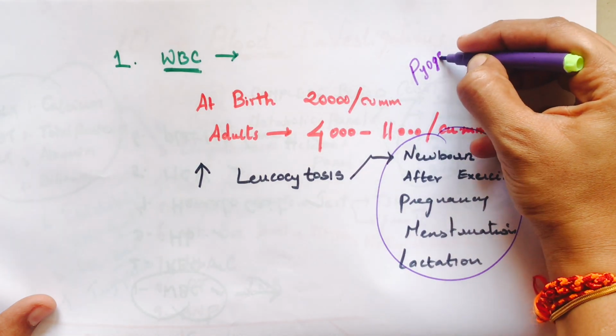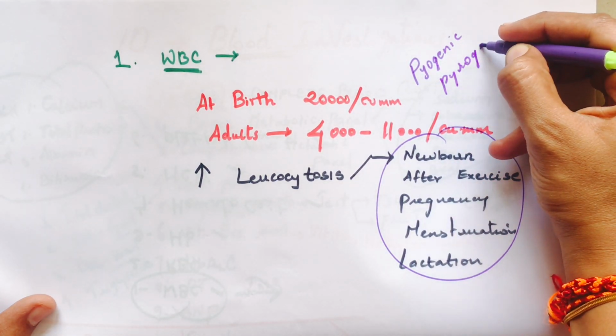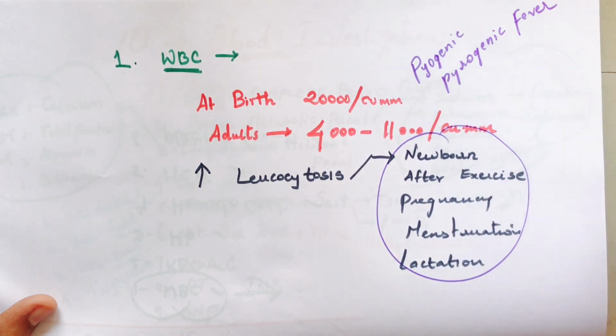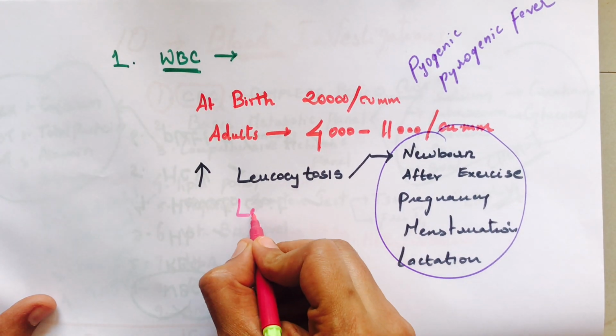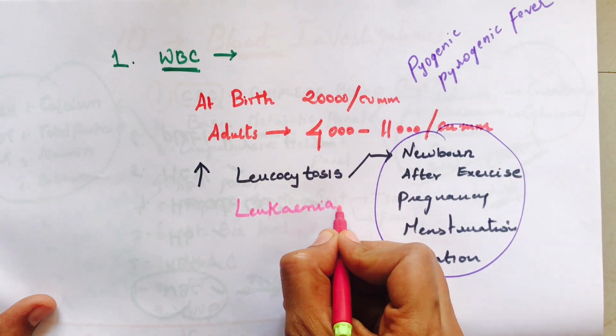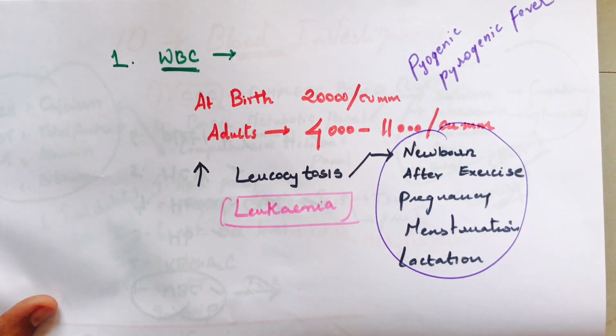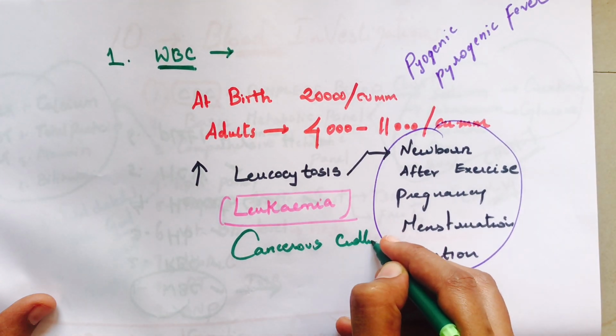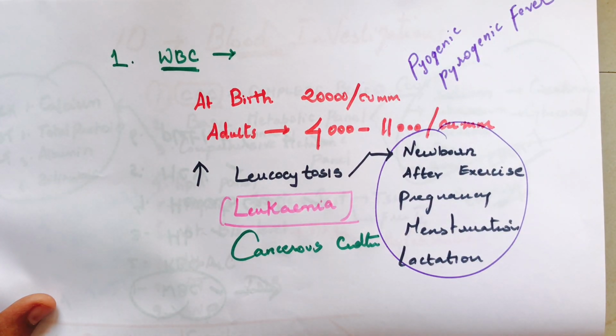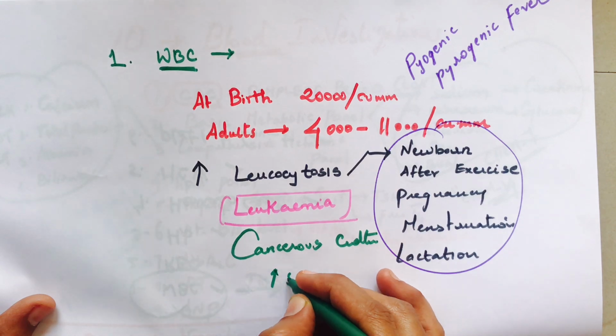Apart from these physiological conditions, it is also increased in pyogenic fever. Leukemia is a cancerous condition where there is a marked increase in white blood cell count, which is more than 50,000 cells per cubic millimeter.